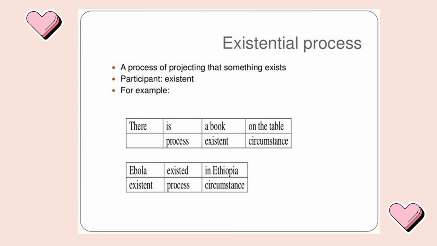Is as a process, a book as existent, on the table as circumstance. And the second example is "Ebola existed in Ethiopia." Ebola here is the existent, existed here is the process, in Ethiopia here is the circumstance.